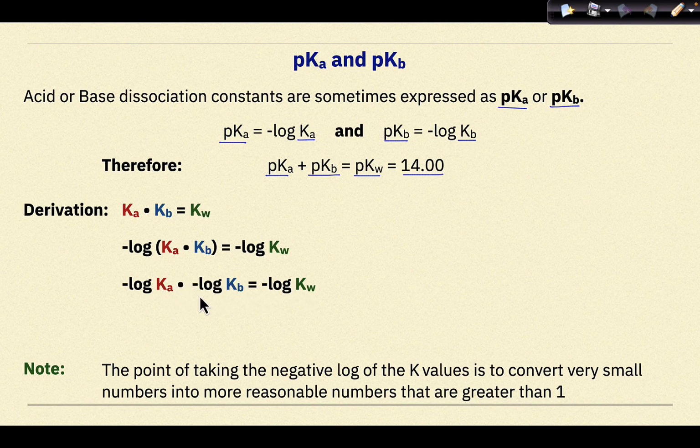Taking the negative log of these K values leads us to our formula of pKa plus pKb is equal to pKw. Note, the point of taking the negative log of the K values is to convert very small numbers into more reasonable numbers that are greater than 1.